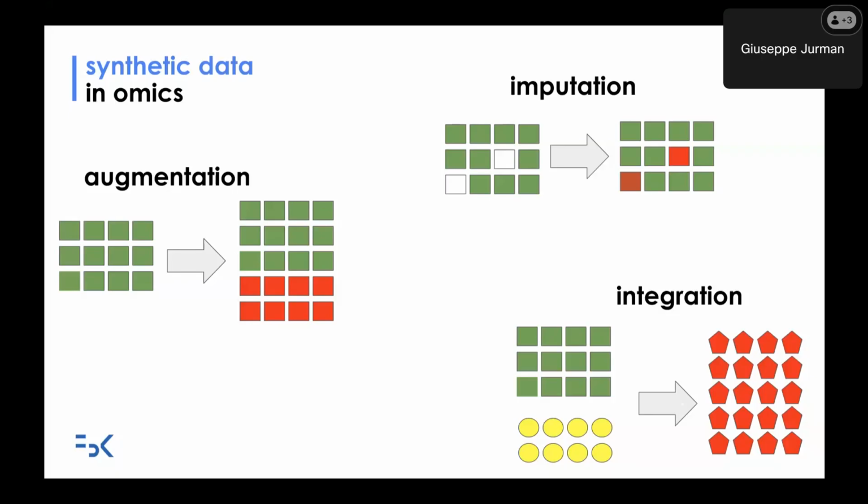We can use synthetic data to impute, so to fill the blanks that I was mentioning before in the omics data. And we can use synthetic data to reach a good level of integration of different levels of real omics data. So differently from other cases, like EHR or imaging, we have more uses for synthetic data in sequencing than for other kinds of health data.